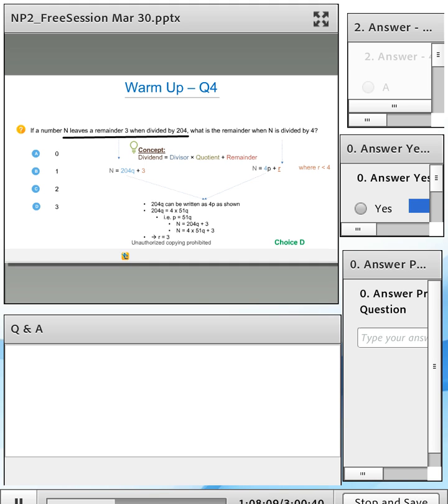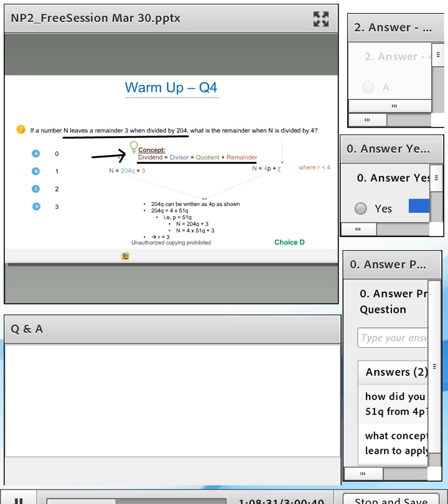All we are doing is, I'll go over this once more because this is what I build upon throughout the session. What concept do we need to learn to apply here? You need to learn to apply the concept of this equation. Dividend is equal to divisor into quotient plus remainder. How are the equations created? I'm simply utilizing this concept here.